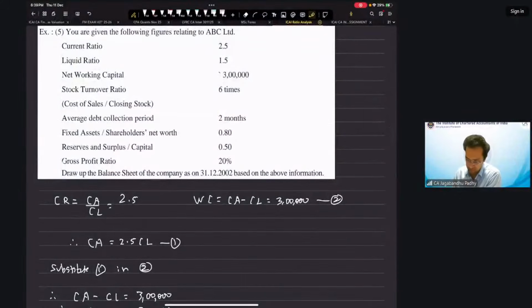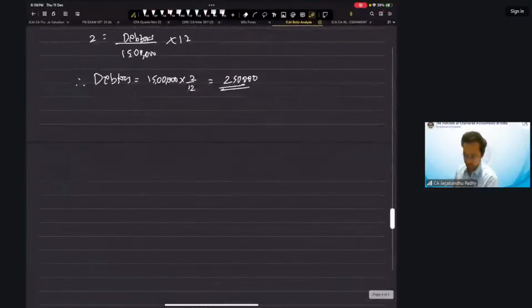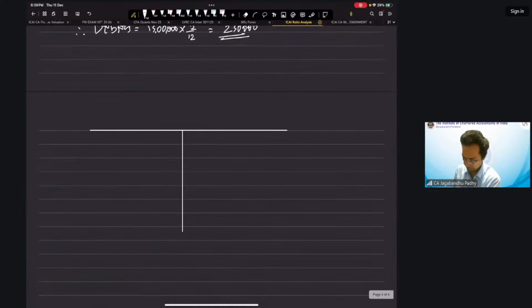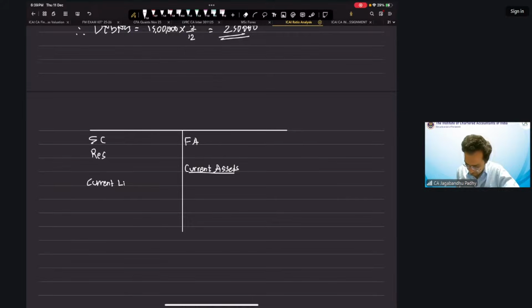Okay. So we have the fixed asset, reserves and surplus to capital ratio given, and then the GP ratio is given. So let's try to prepare the balance sheet. We'll have fixed asset, current assets, share capital, reserves, current liabilities.